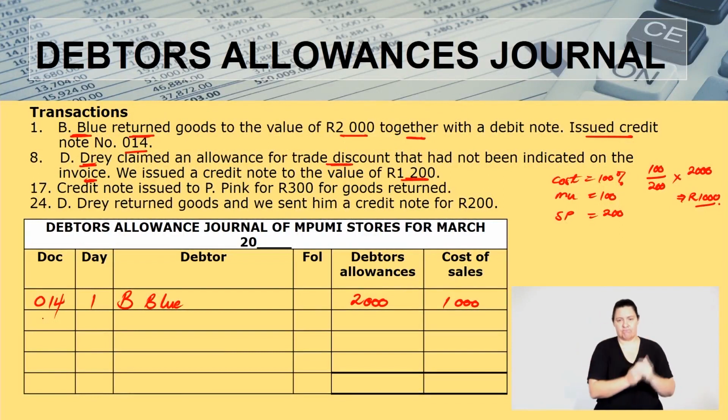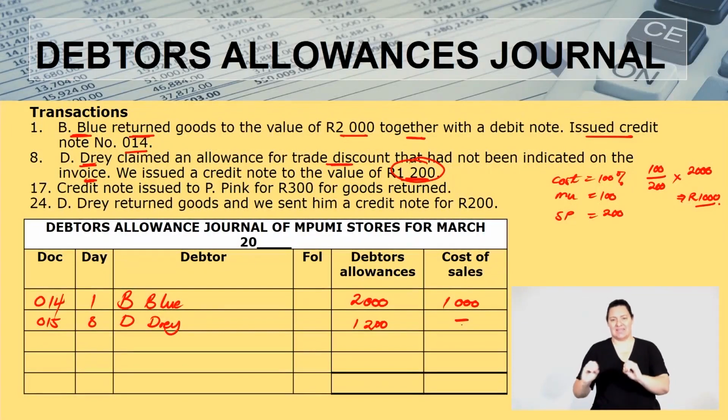Let's quickly record it: 015, the day is the 8th, the name is D Dre, and the amount is 1,200. Should we record anything on the cost of sales? Were there any goods returned? No. So we'll put a dash to say there is nothing to be recorded there.